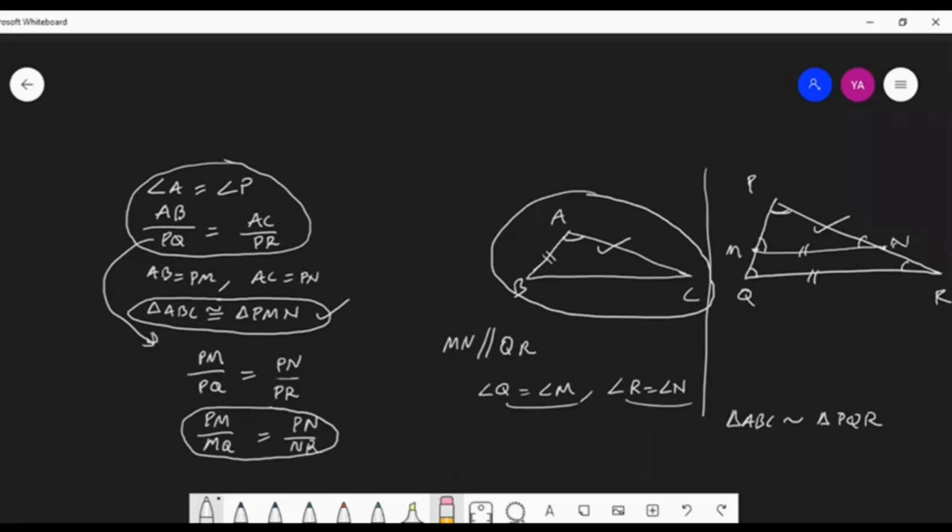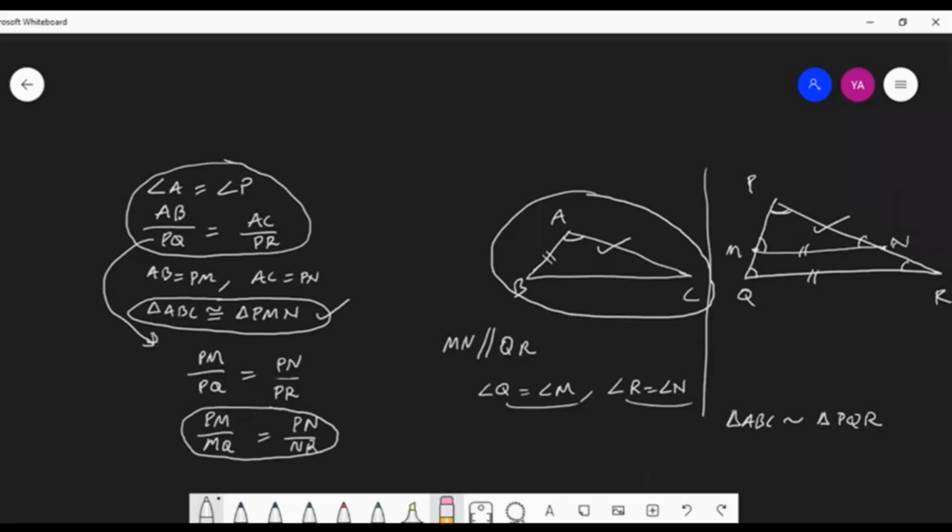I repeat once more, then we will go to the examples. Look here, the third criterion says that if in two triangles one angle in each triangle is equal and the sides including these angles are in proportion, then these two triangles are similar.